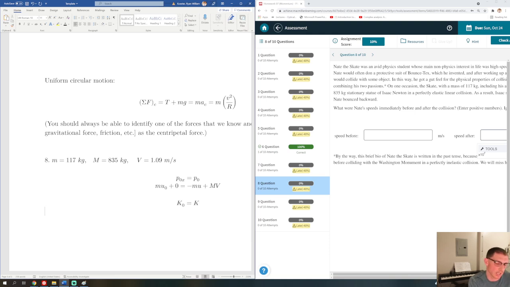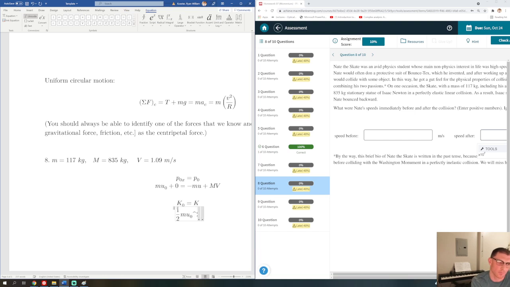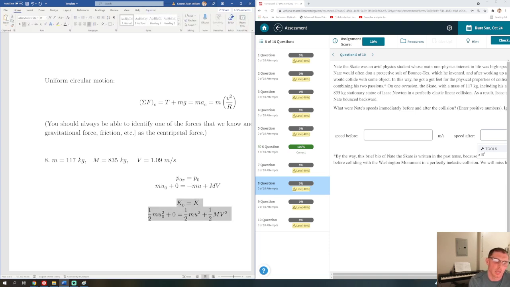Then let's fill in the kinetic energy. Nate initially has some kinetic energy. The statue is not moving, so it has no kinetic energy initially. However, after the collision they're both moving, so they both have kinetic energy. This is a system of two equations with two unknowns: our unknowns are u naught and u.